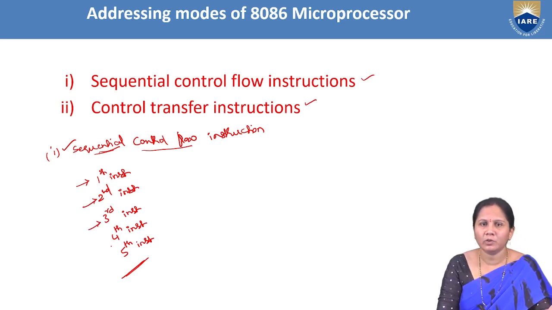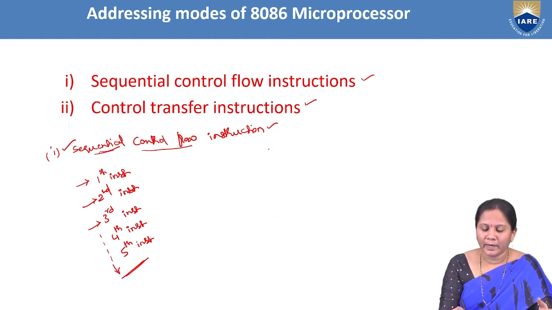So sequential control flow means the instructions will be executed in the sequential order. If one instruction is executed, the instruction that is immediately placed after that will be executed in the next cycle. This type of sequential execution of instructions is called sequential control flow instructions.